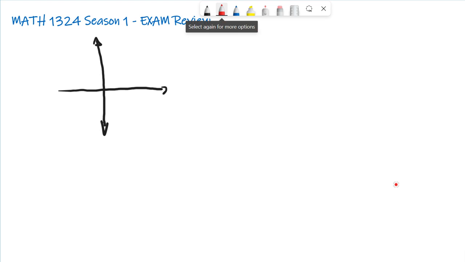Now, you talked about domain and range. If we have an equation that's graphed in the x and y plane, it doesn't have to be any particular function, but let's just say we have this.